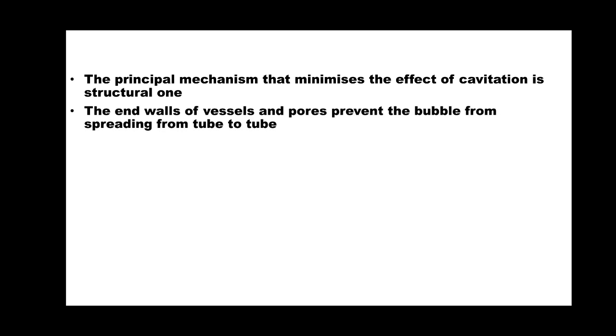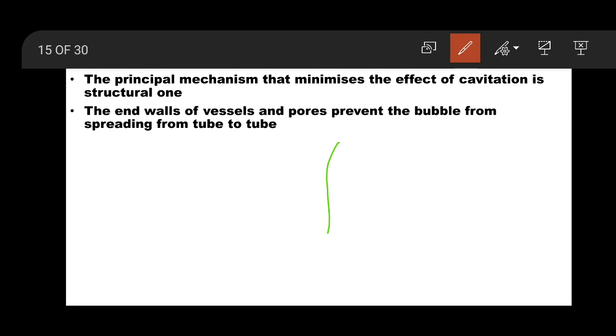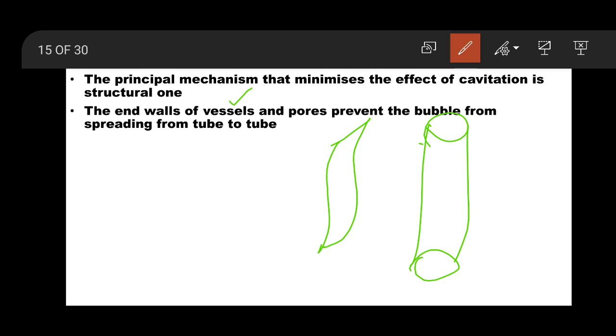The principal mechanism that minimizes the effect of cavitation is a structural one. Different structures formed in the anatomy compensate for this embolism or cavitation. First, the end walls of vessels and pores. Vessels and tracheids have end walls, and here are some pores in the end walls.